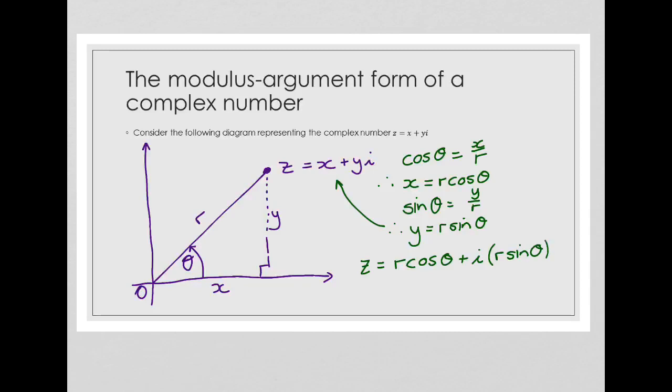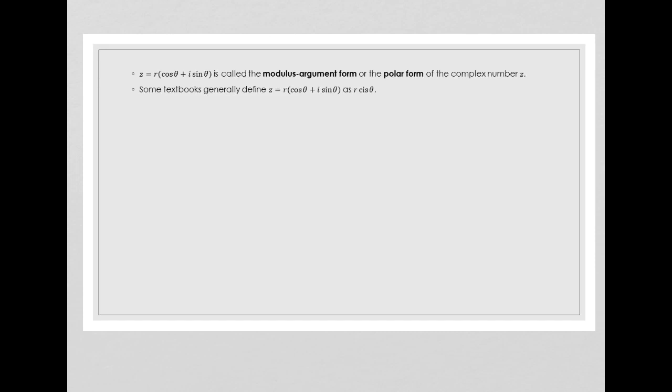And just to rearrange and simplify this a bit, I can take the r out as a common factor, and I have cos theta plus i sine theta. So from that we have that z equal to r (cos theta plus i sine theta) is called the modulus argument form or the polar form of the complex number z. So it's still the same number, it is just represented in a different form.